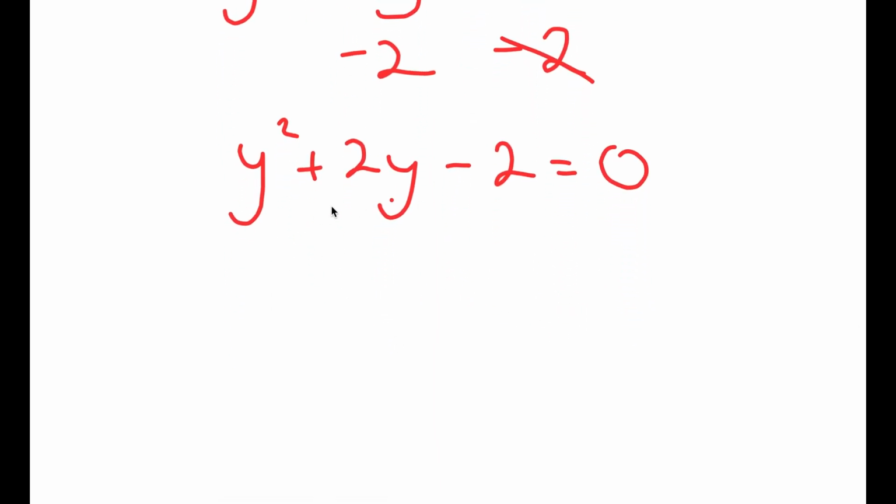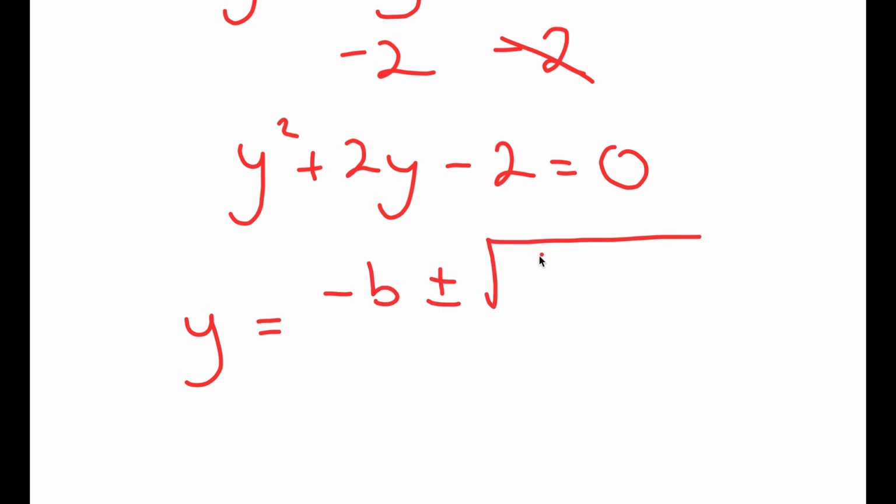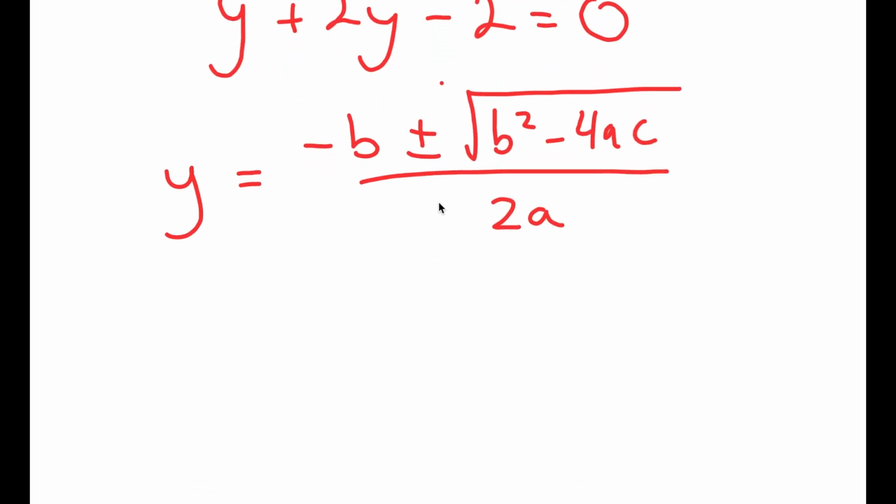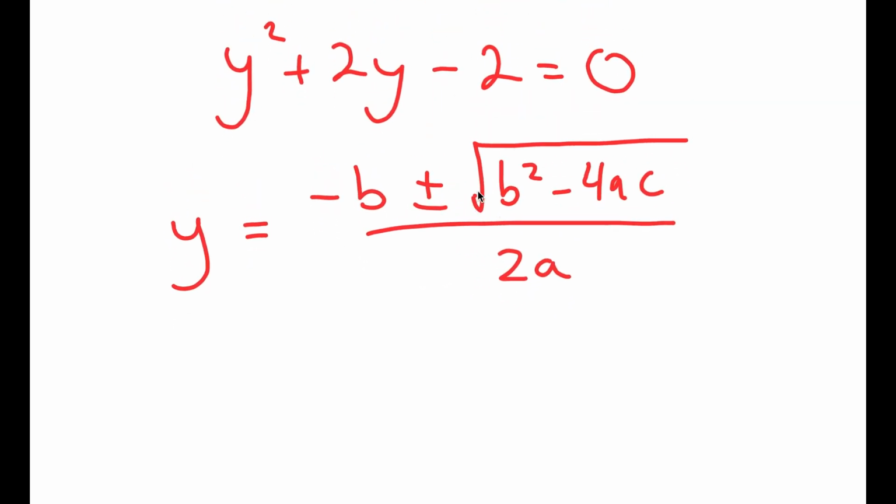Now from here, to find the exact solution for this quadratic equation, I can use the quadratic formula, which is negative b plus or minus the square root of b squared minus 4ac all over 2a. So in this case, a is 1, b is 2, and c is negative 2.